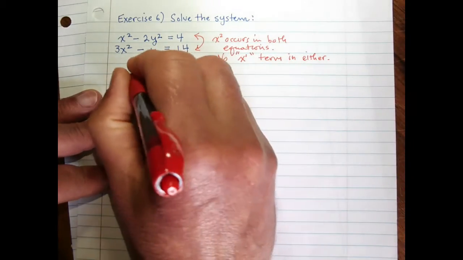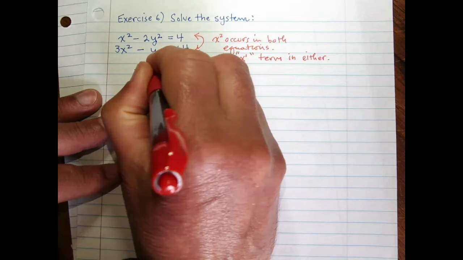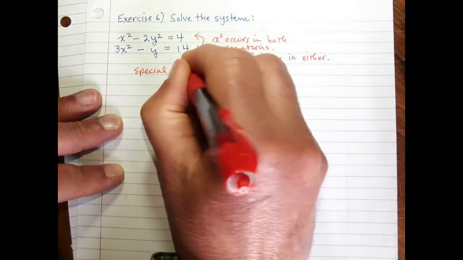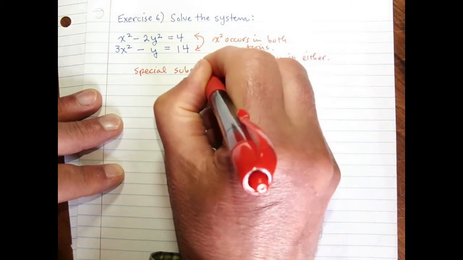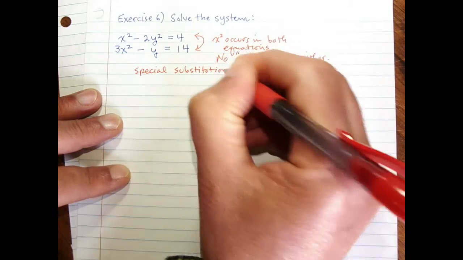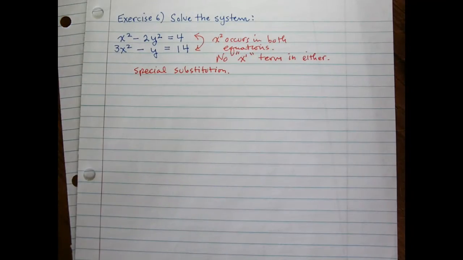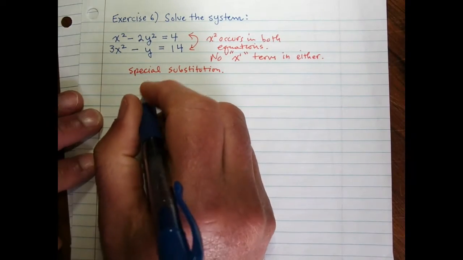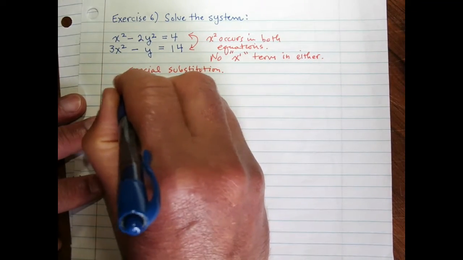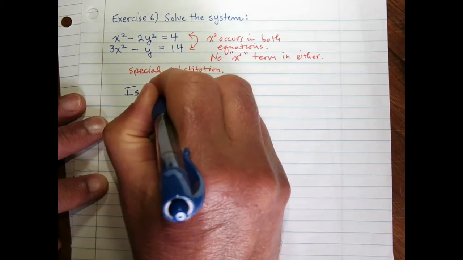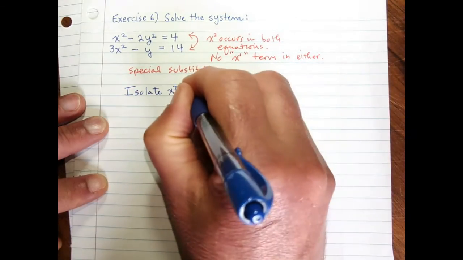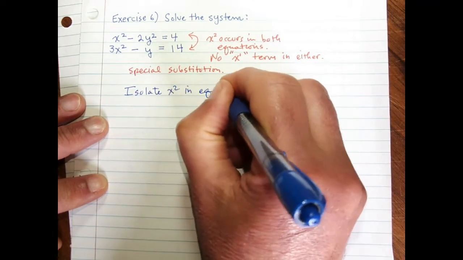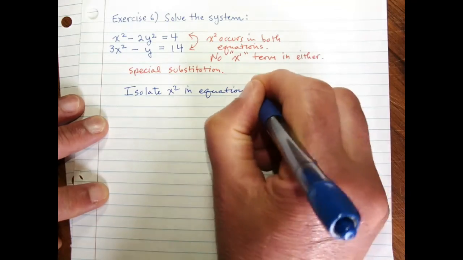So I'm going to do something called sort of a special substitution. I wouldn't memorize this. I just want you to see that this type of thing could be performed. What I'm going to do is isolate x squared in equation 1.